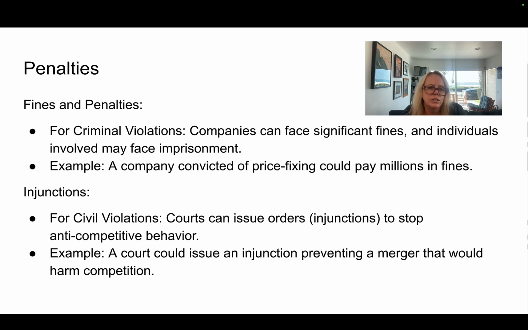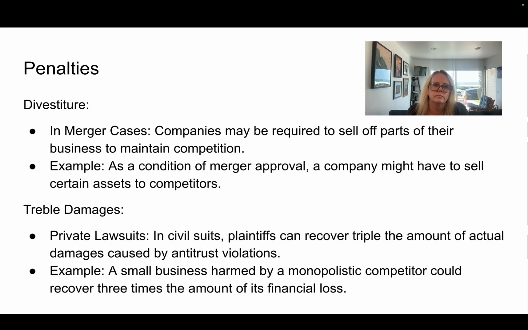Injunctions for civil violations. Courts can issue orders or injunctions to stop anti-competitive behavior, which would be like stopping a merger. Divestiture in merger cases. Companies might be required to sell off parts of their business in order to maintain competition. And then treble damages, we talked about that. That's triple the actual damages in a lawsuit.